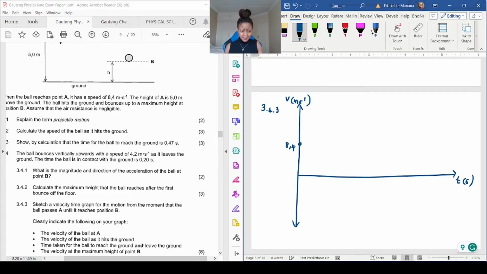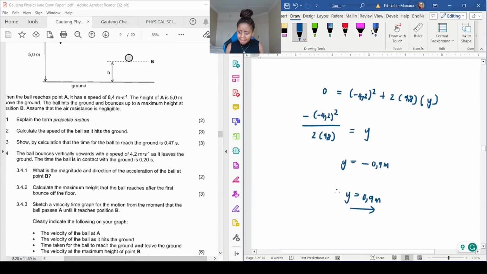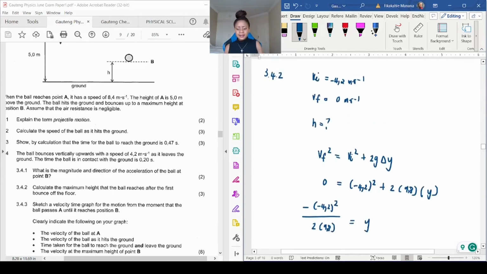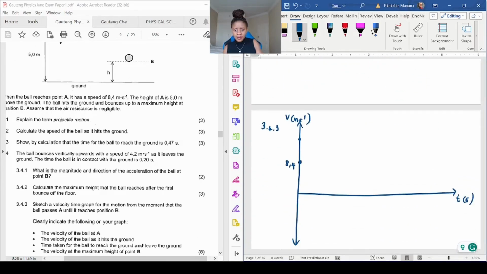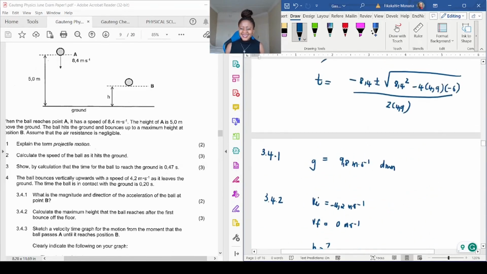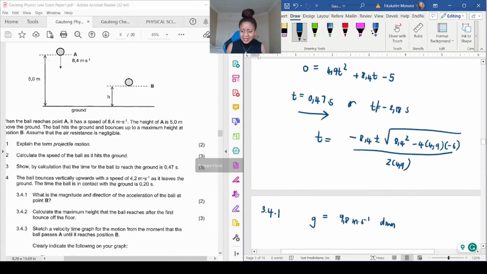And then as it reached the ground, we were at 12.98. When did we reach 12.98? Did we calculate the time? 0.47 seconds.